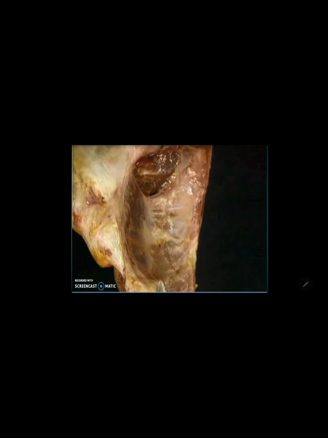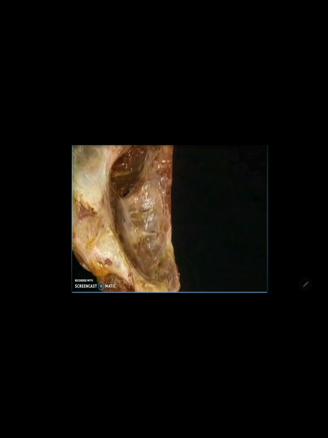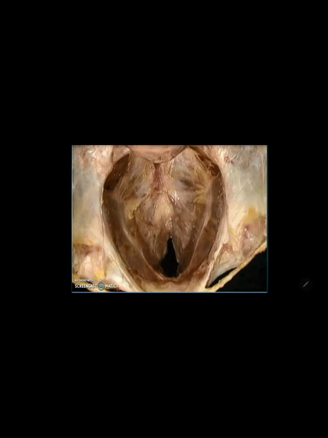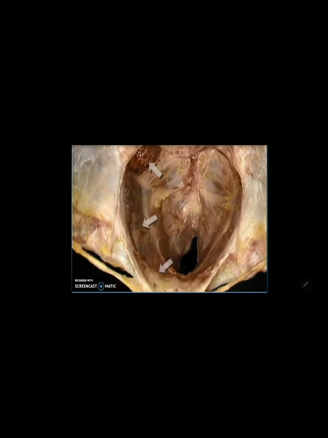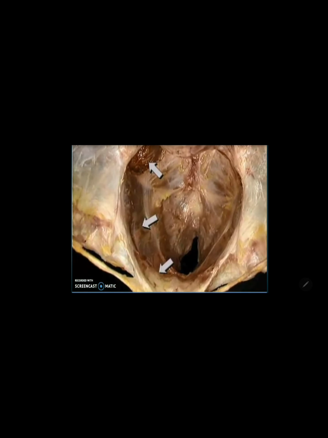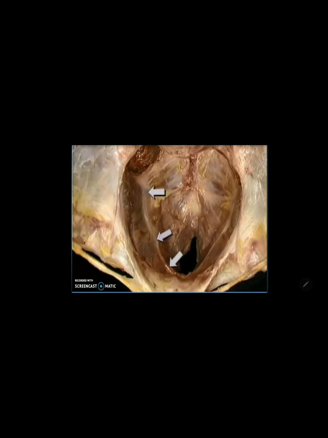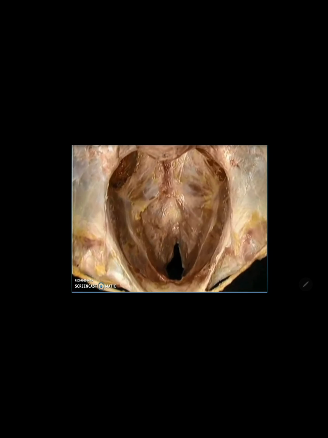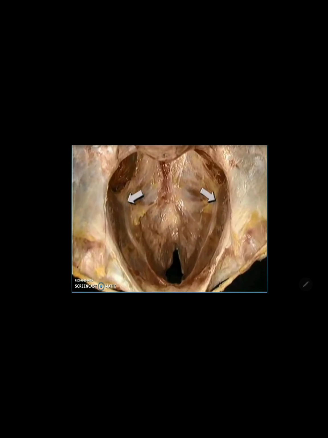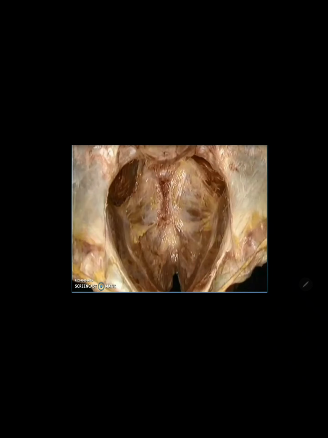And more posteriorly you are seeing the coccygeus. If you add both the sides, you can see the bowl shaped pelvic diaphragm, that is tendinous arch on the right side, that is ischial spine, and you can see there this much is coccygeus muscle here.